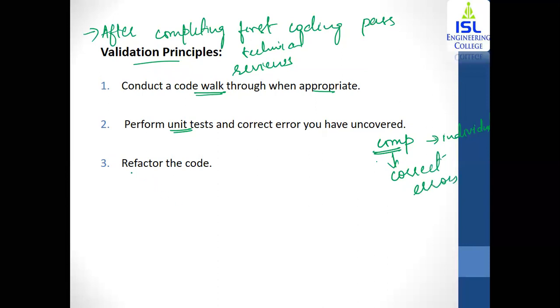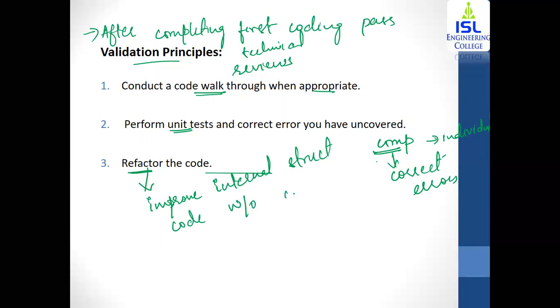The next one is refactoring the code. Now what does refactoring mean? Refactoring means you are going to improve the internal structure of the code without changing the external behavior. That is, the output should not change.